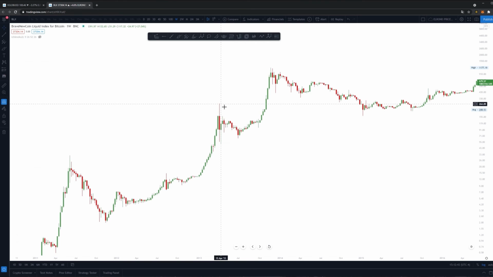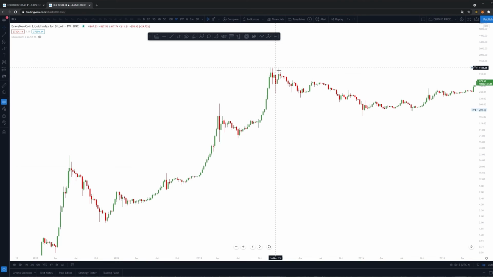Imagine that this is Elrond with the last top that we had around 247 and a retracement to $50 like Bitcoin did, and after that it created the first wave to 64, which means it retraced to 50, rose to 160, and came back to 64 to create this 1-2 wave.